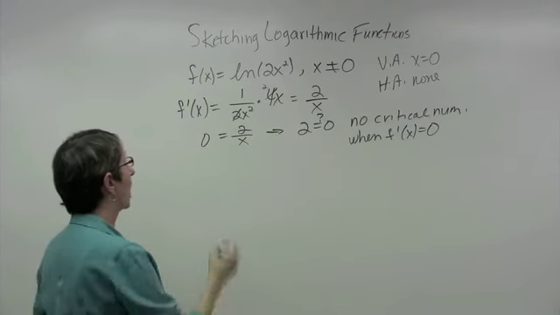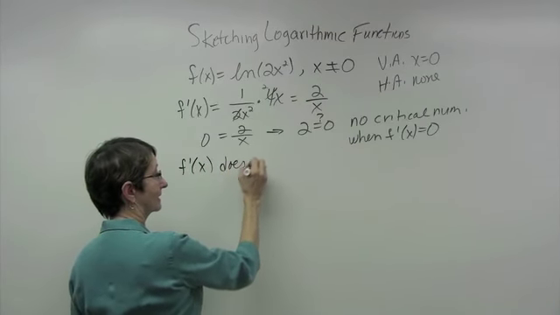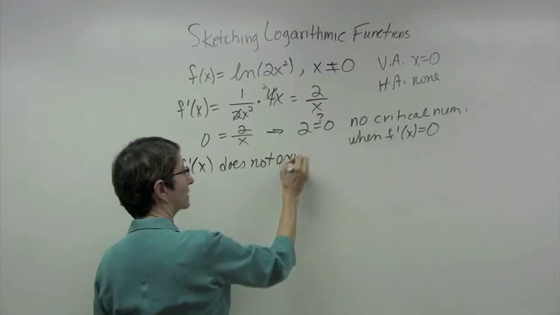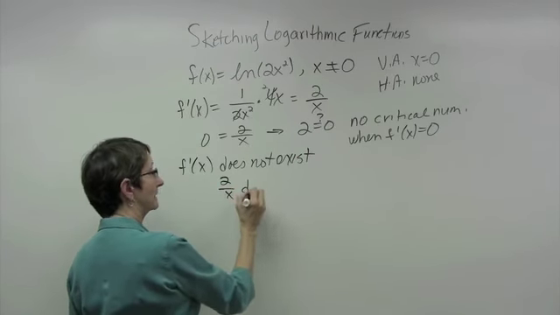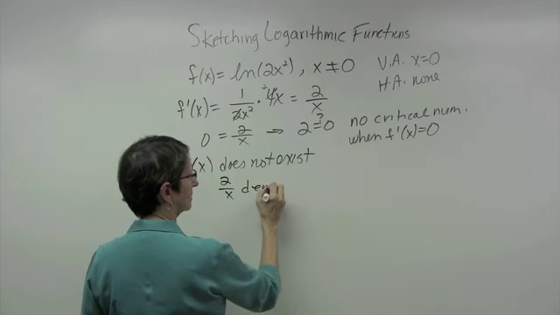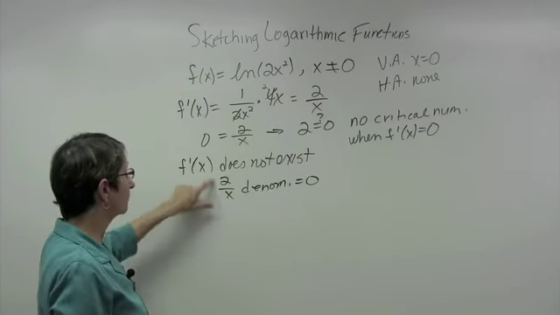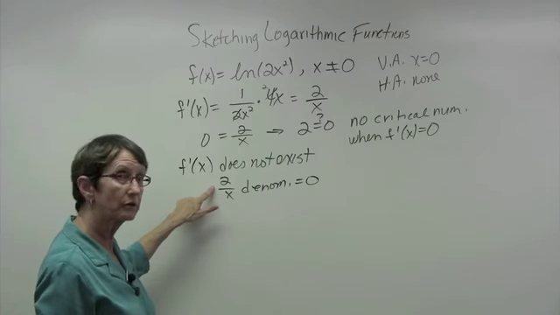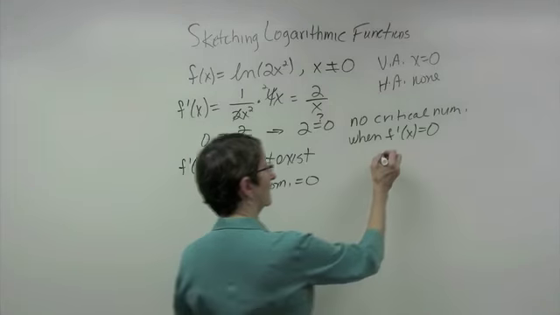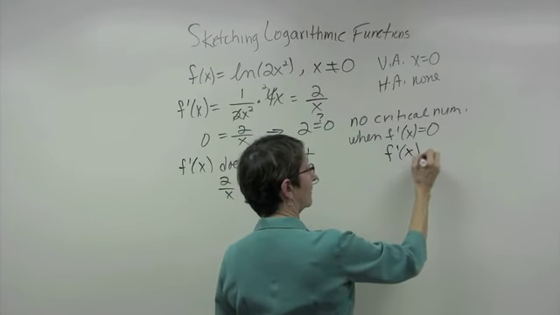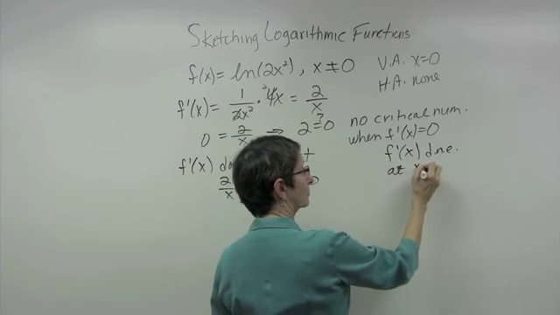But we also have to look and see where f prime of x does not exist. And when a fraction does not exist, that means that the denominator equals 0. So for the 2 over x, that is true that the derivative does not exist. The denominator equals 0 there. So f prime of x does not exist at x equal to 0.